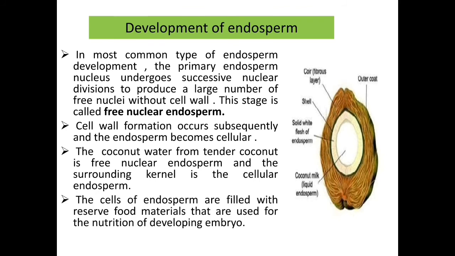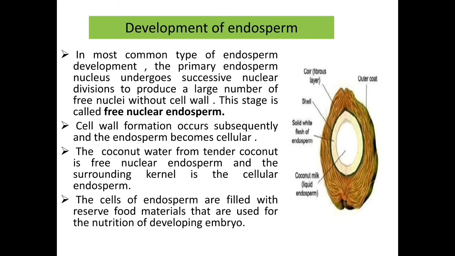The cells of endosperm are filled with reserve food materials, and these reserve food materials are used for the nutrition of the developing embryo. The developing embryo will get nutrition from this reserve food, which is stored in endosperm.